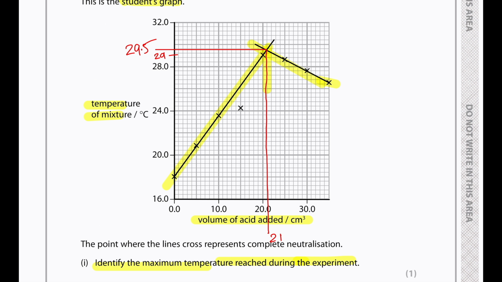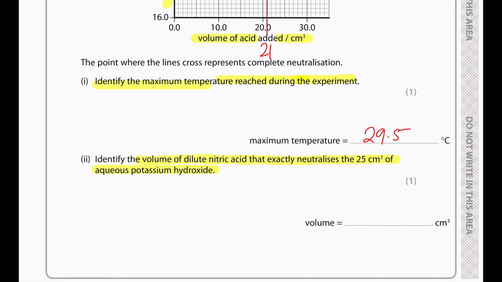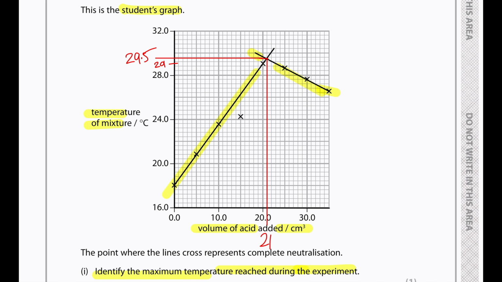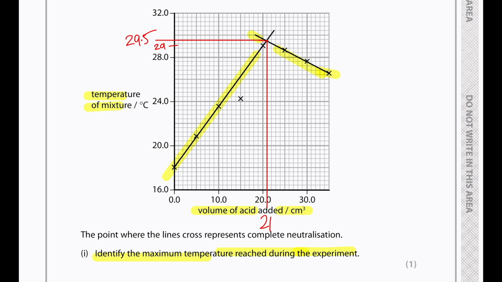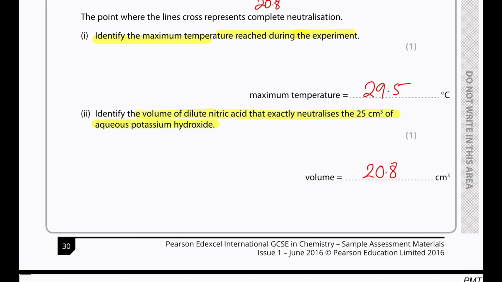So this gives us 21 cm cube. The answer is 20.8. Since they asked us to do it exactly, we'll have to do it very accurately. 20.8 cm cube will be our answer.